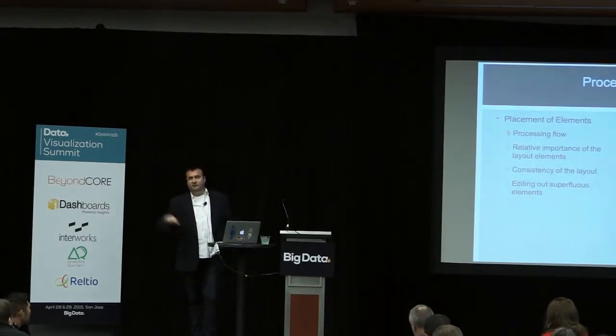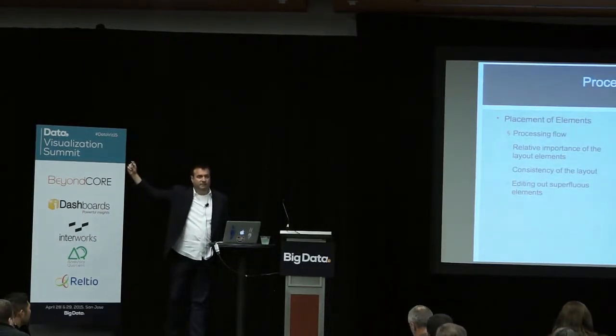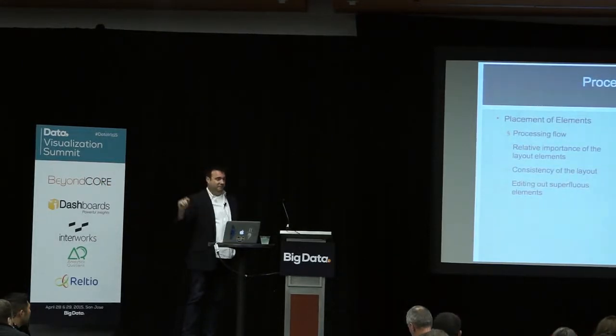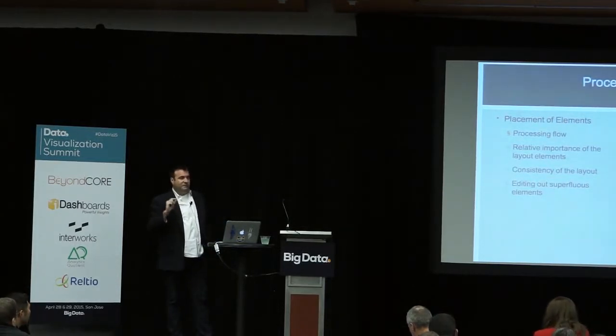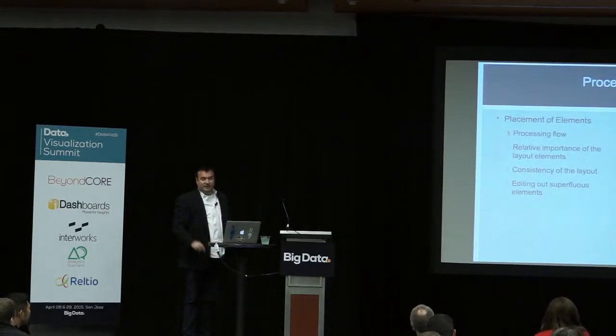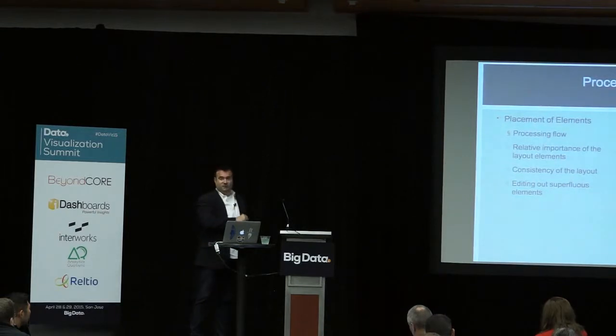If they're Middle Eastern, they're going to start in the upper right-hand corner because they're taught to read from right to left. We're taught to read from left to right. So it's left to right, top to bottom. And so if you're really trying to get across a really important piece of data, that should be in the upper left-hand corner of your visualization.